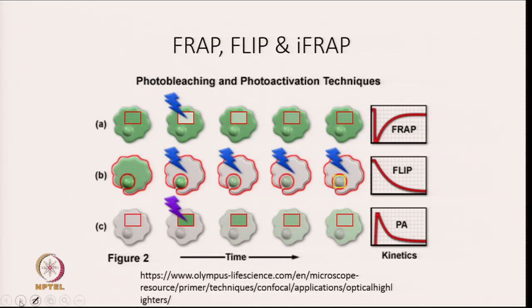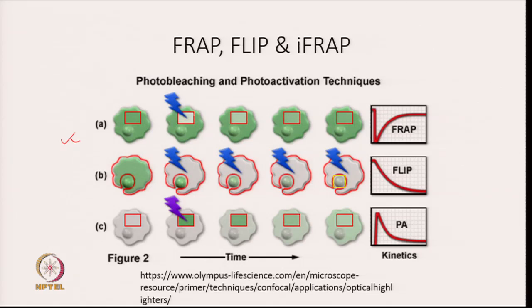Now look at the first case, FRAP. What you do is you have a molecule stained with a dye, and you take a region and bleach it with high intensity light. Now you leave it, and what will happen?